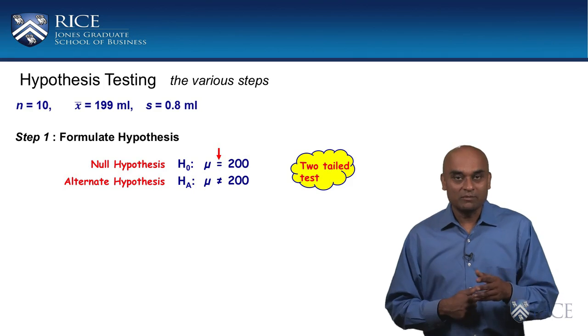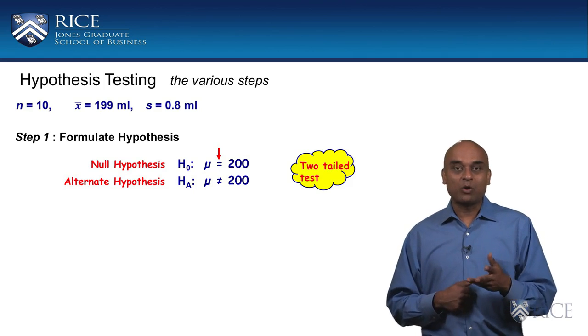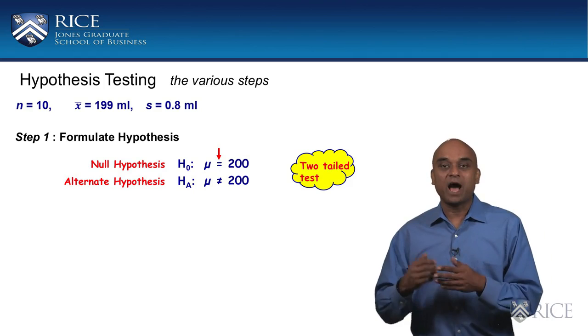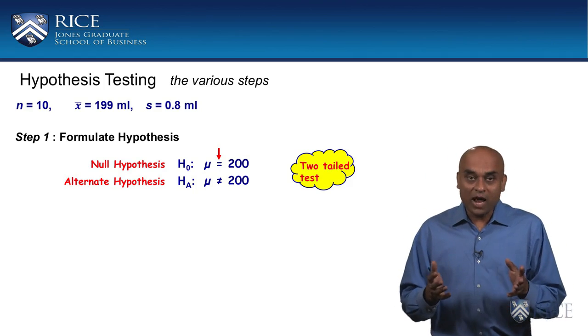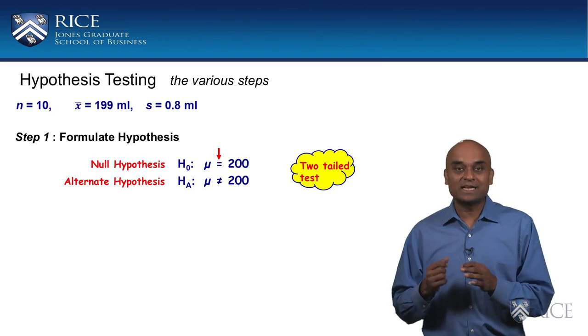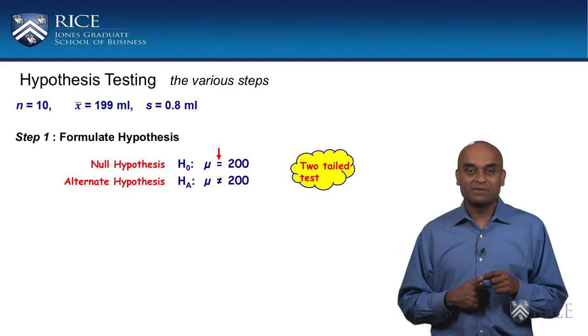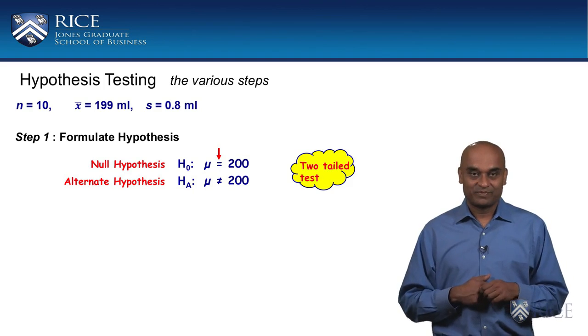We will shortly in these steps lay out what we imply by way above and way below 200 milliliter. In contrast, you could also have a single tail hypothesis test, which we will cover in a subsequent lesson.